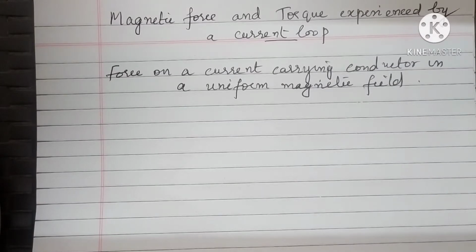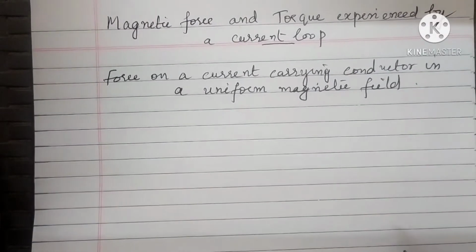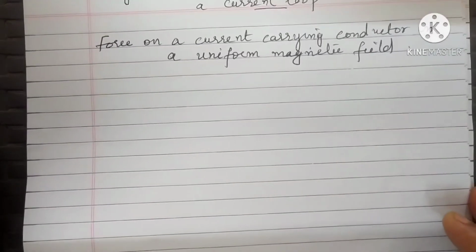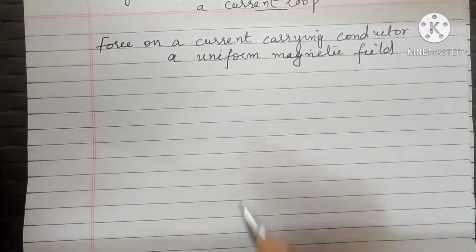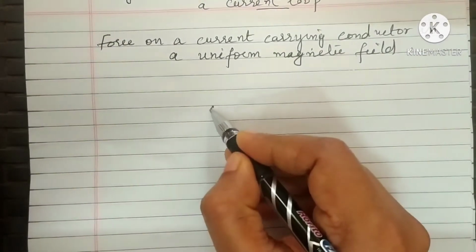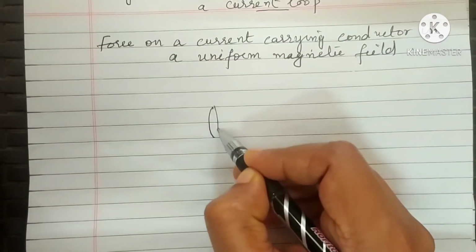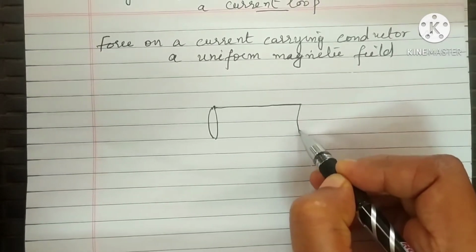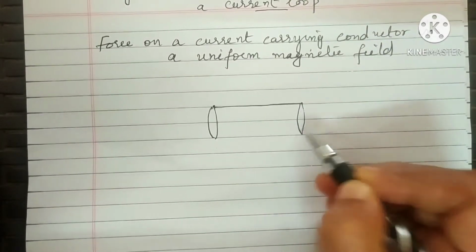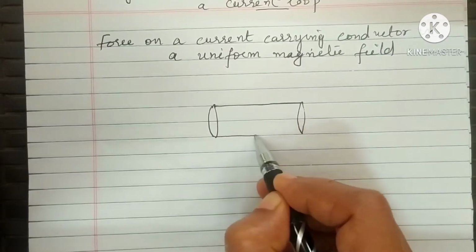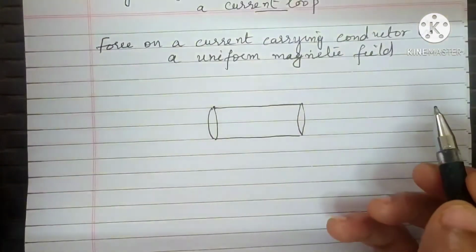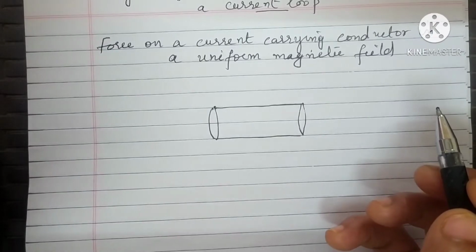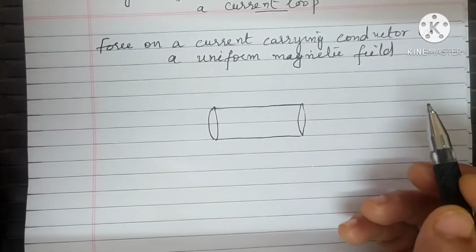Okay. So as you know, when a current carrying conductor is placed in a magnetic field, it experiences a force. It is actually because of the motion of free electrons. Since it is a conductor, it consists of so many free electrons, and because of the motion of free electrons in a conductor, a magnetic force is acting on it.